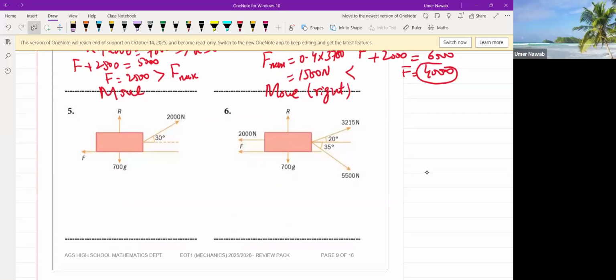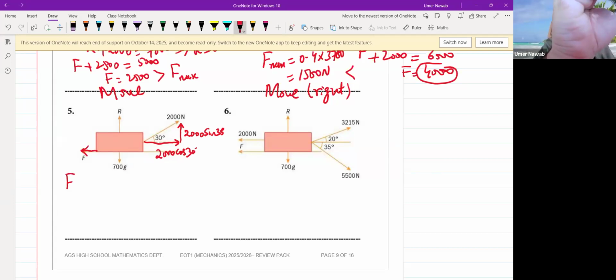Question number 5. Before I start applying Newton's second law, I need to resolve the 2,000 newton force horizontally and vertically. So this becomes 2,000 sine 30 and 2,000 cosine 30. Friction, this is F. So your F will be equal to 2,000 cosine 30.